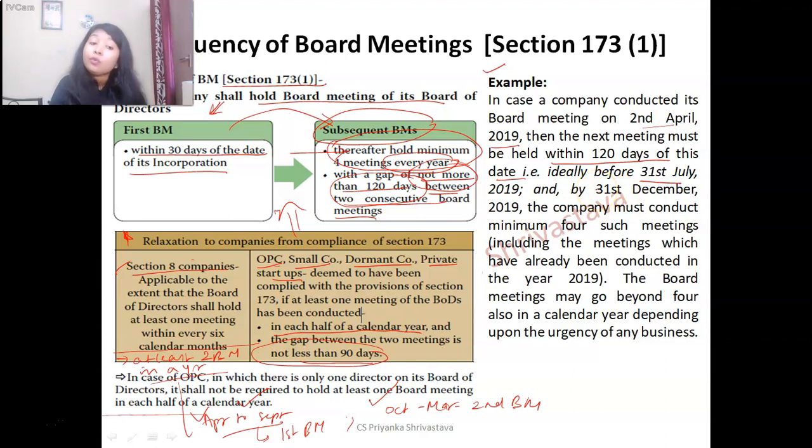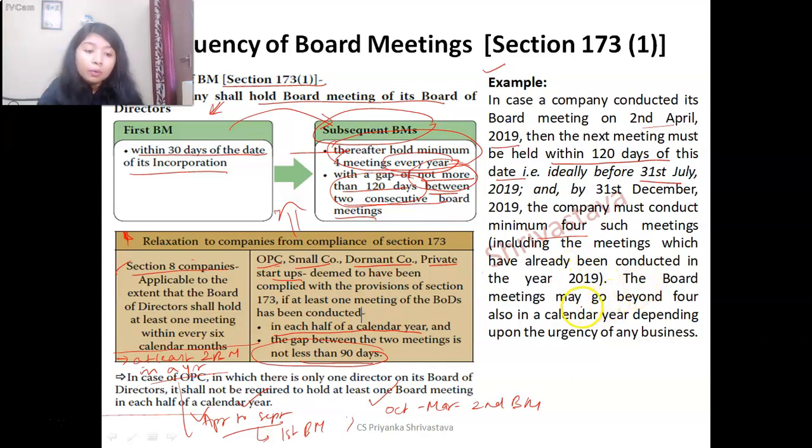So it shall be, ideally, before 31st July, and by 31st December the company shall conduct minimum 4 board meetings. They have taken a year as a calendar year, so they are saying minimum 4 board meetings by 31st December, and if our year is April to March, then by 31st March it should cover at least 4 board meetings, including the meeting which has already been conducted in 2019.